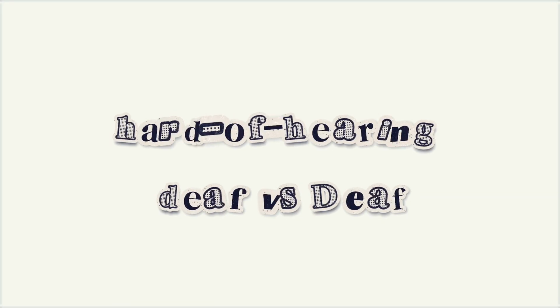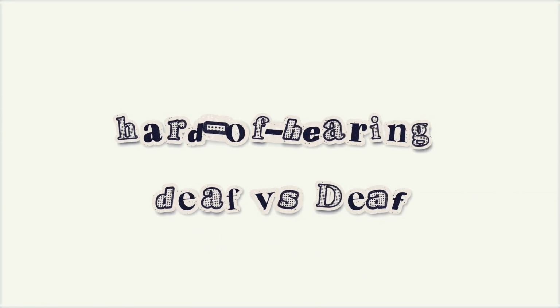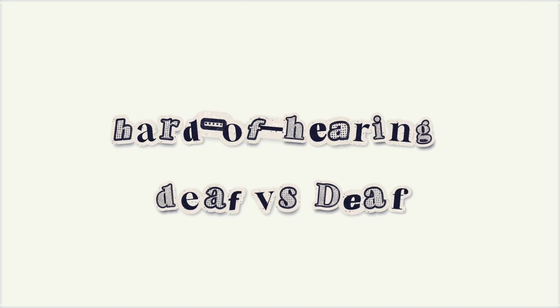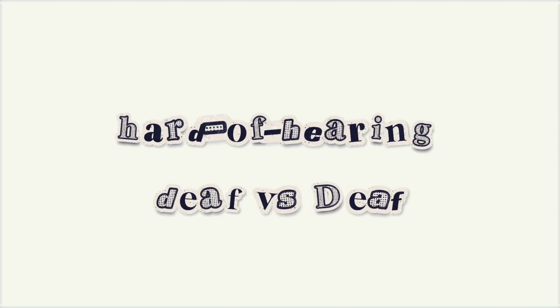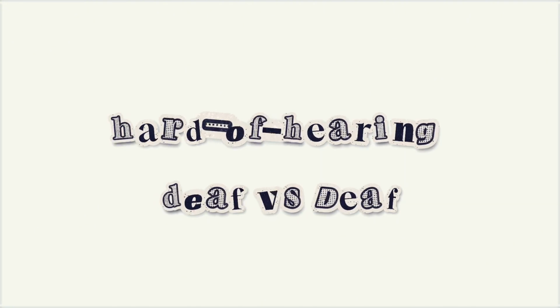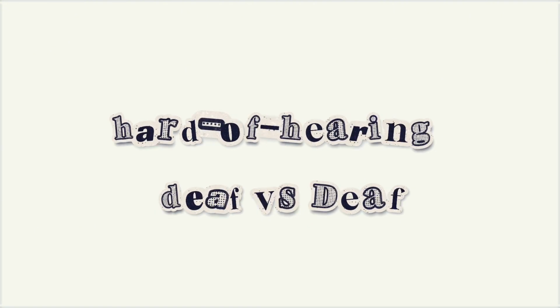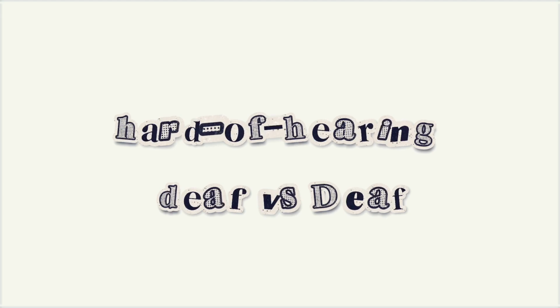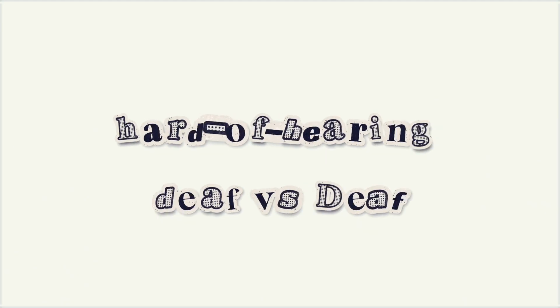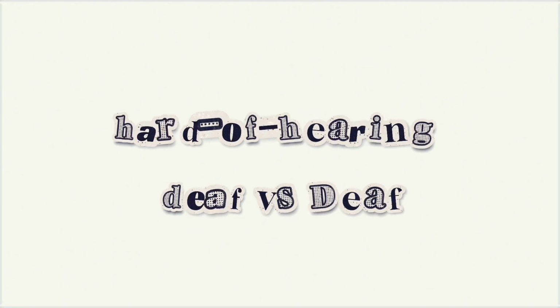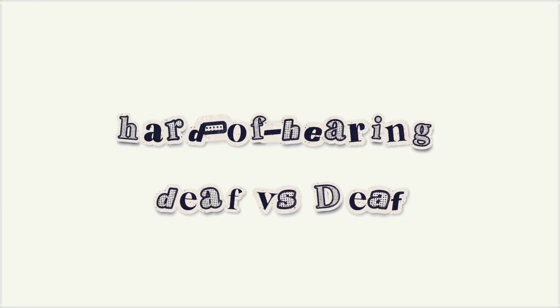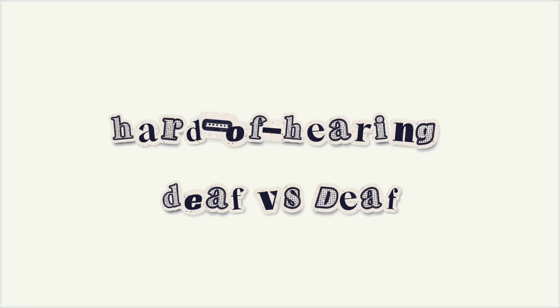So that's it. But before I end this video, let's define some different terms to be politically correct. Hard of hearing are those people who generally respond to speech with the use of their residual hearing through hearing aids or cochlear implants, and their primary and preferred mode of communication is speech.